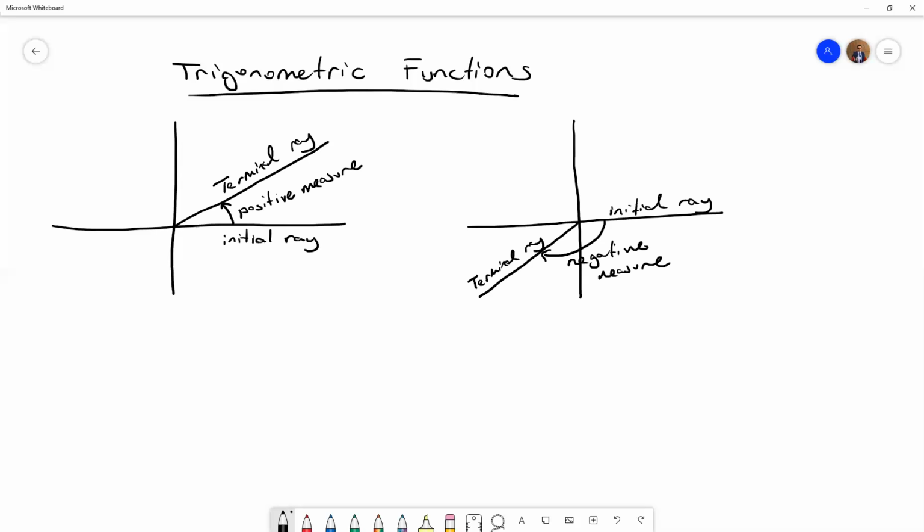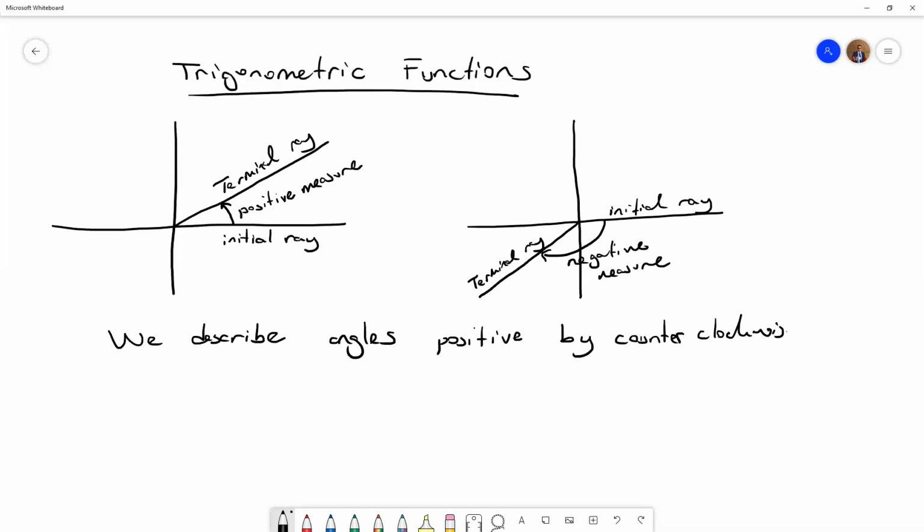So we describe angles as positive by counterclockwise rotation.